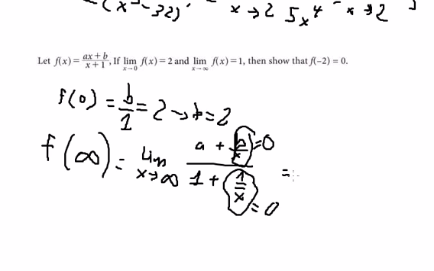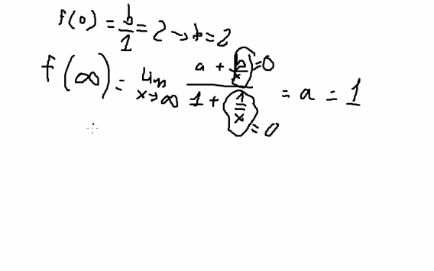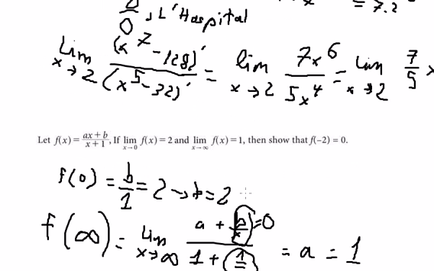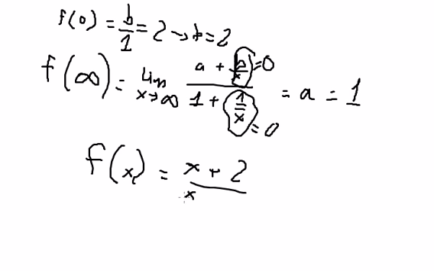So you get a, and the value of this one is 1. So we have the function in here. That should be s plus 2 over s plus 1.